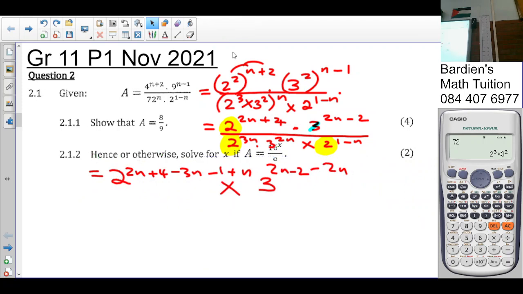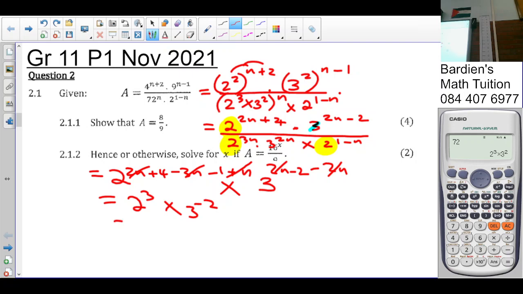So what do we do now? We add our items. So 2n minus 2n is gone, negative n plus n, it's gone. 4 minus 1 is 3, times 3 to the minus 2.